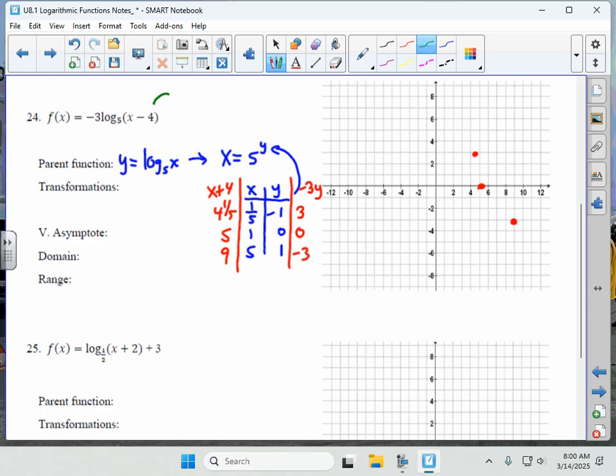Okay, again, it's based off the number inside next to the x. So vertical asymptote is x equals 4. So let's put that in there, x equals 4. And so this graph, because of the x-axis reflection, that negative in front of the 3, it's going to flip and go up instead of going down.